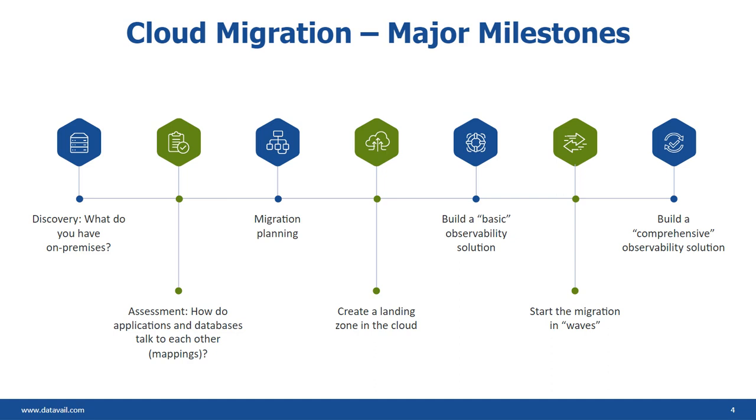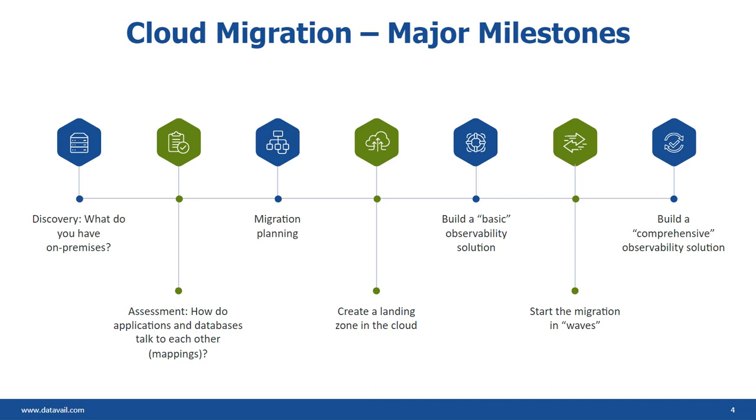If you have thousands of servers, you have to figure out which application is talking to which databases, and that's where the assessment phase comes in. In some cases you also have data integration with downstream or external systems, so you have to document and map that.